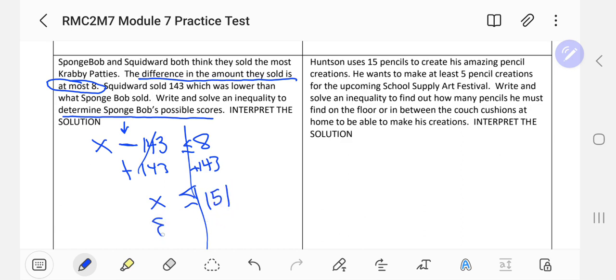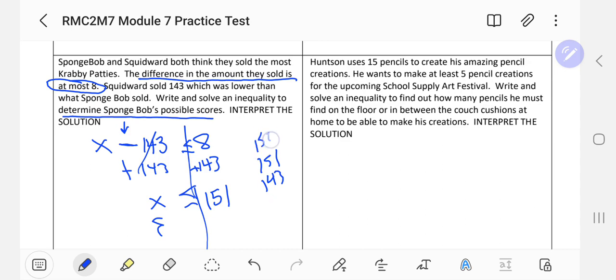So X represents how many SpongeBob sold. SpongeBob sold less than or equal to 151, right? Because they can't be more than 8 apart. If we compare the 151 to the 143, they can be no more than 8 apart.